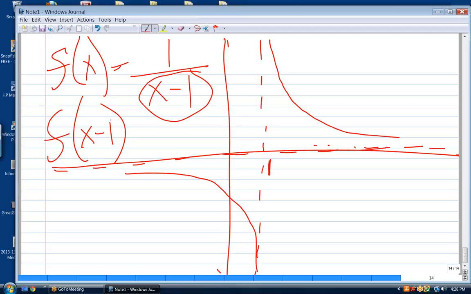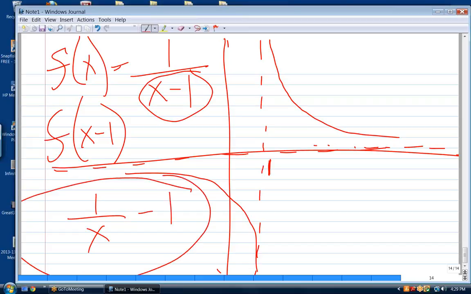So h is positive. We shift to the right, a shift of 1 unit to the right. As opposed to this, that is a vertical shift. So that would change the horizontal asymptote. In other words, this takes your standard function and moves it down 1.